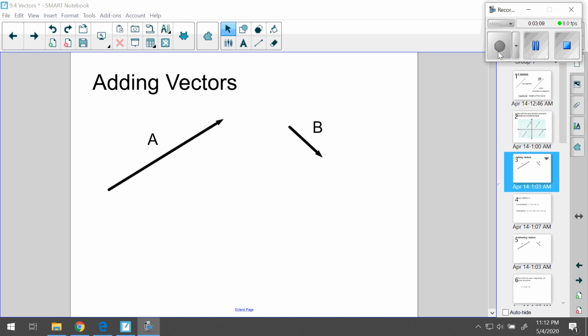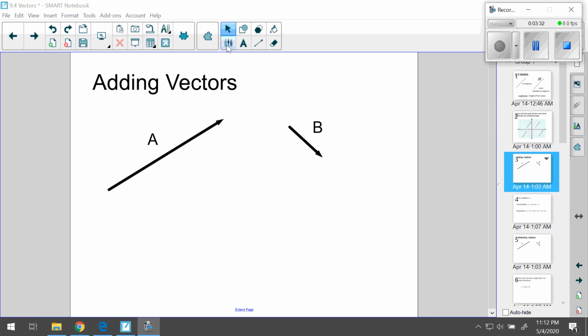One of the many things that we can do with vectors is add them. We will see that we can add them algebraically, and also graphically. Right now, I want to first focus on just the graphical representation of what adding vectors might look like. As we start, just keep in mind direction is very important.